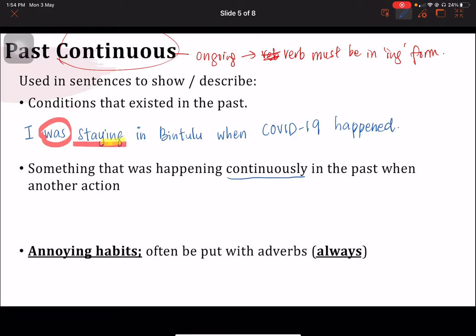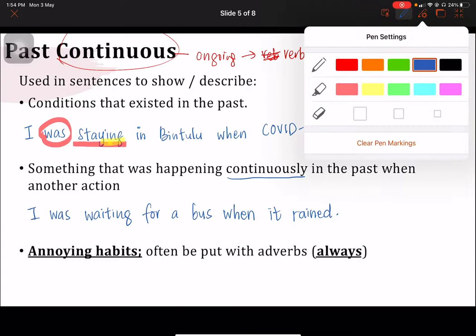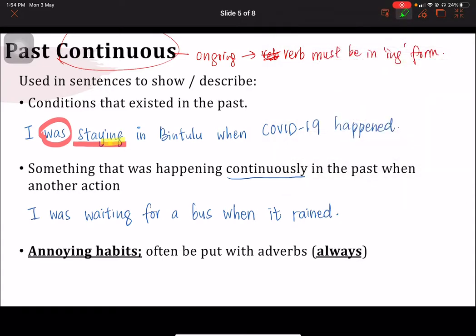For example, I was waiting for a bus when it rained. So you see, we're talking about two actions. Here is one, and this one is two.